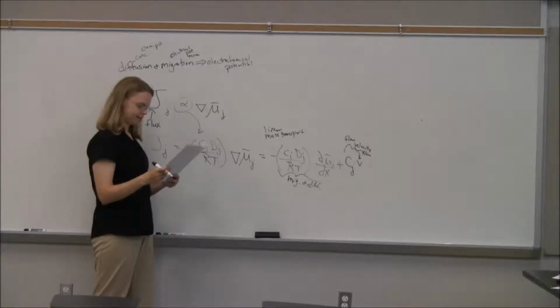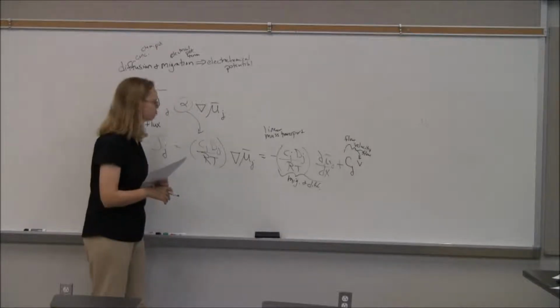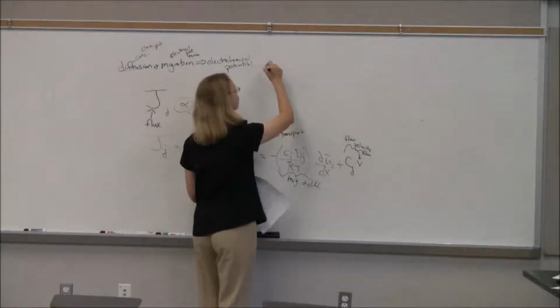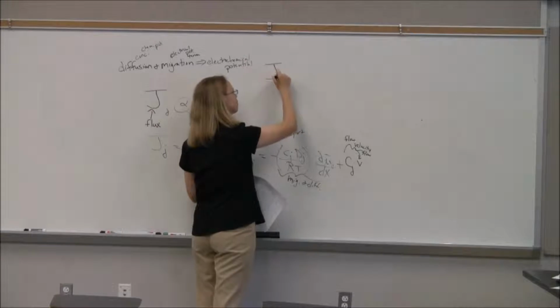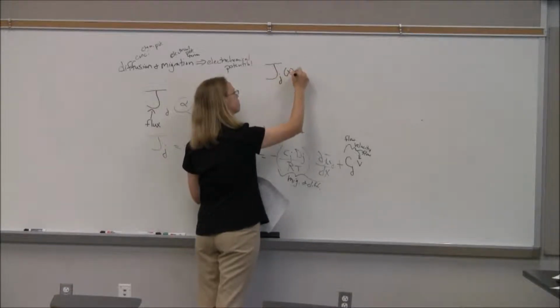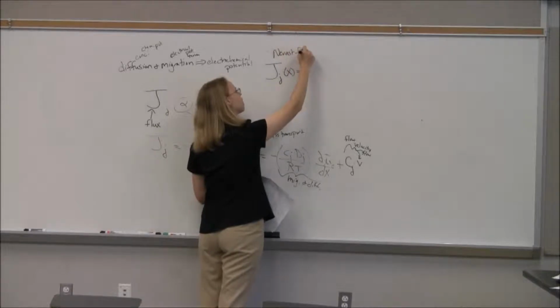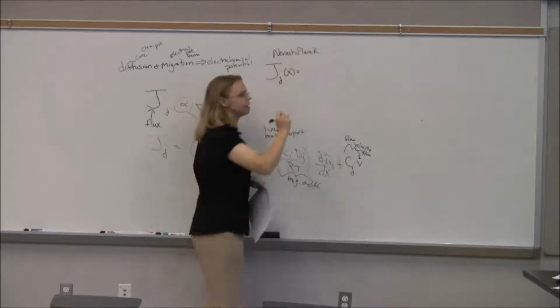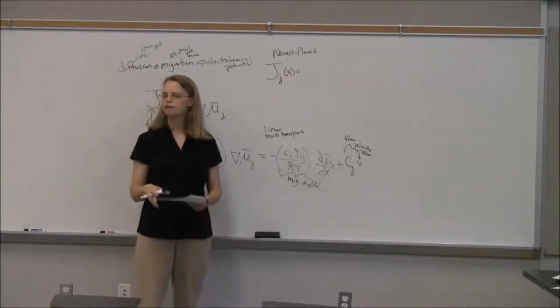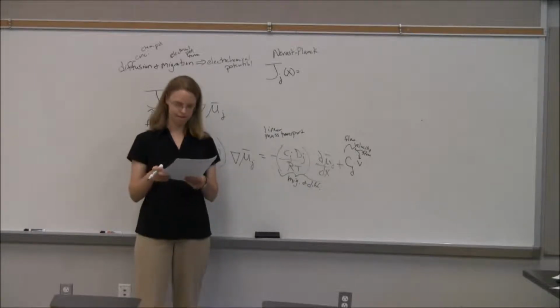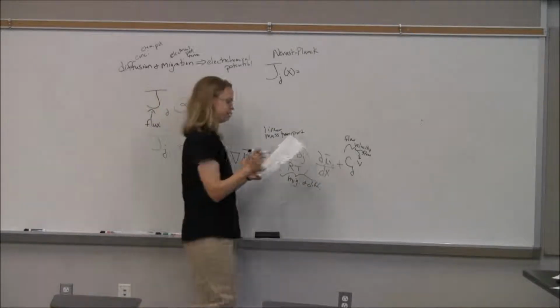Okay, so it turns out you can go to one of the famous electrochemistry equations. This is called the Nernst-Planck equation. Nernst-Planck, pretty well known. This is their equation for mass transport.